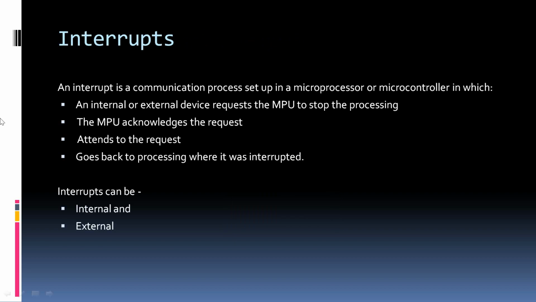Next we come to the interrupt. An interrupt is a communication process set up in a microprocessor or a microcontroller in which an internal or external device requests the microprocessor to stop the process, attend to the request, and go back to the processing where it was interrupted.